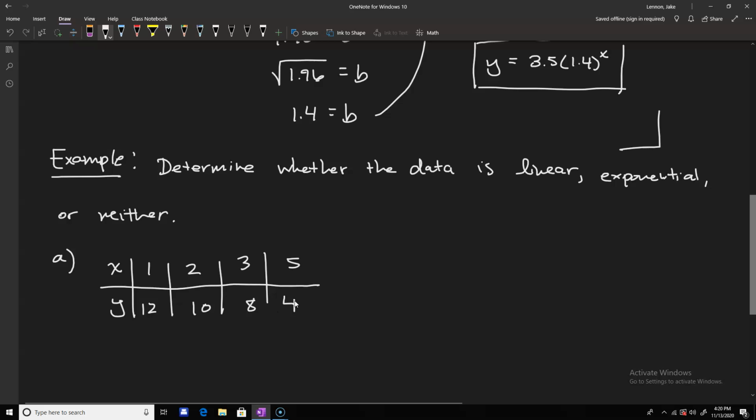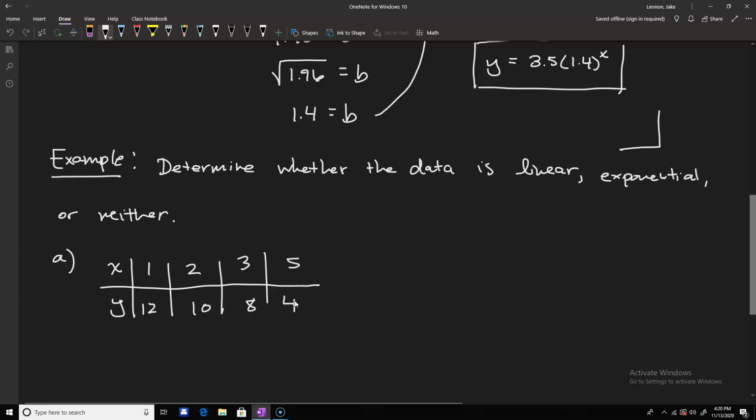So one thing to note is that your x values are increasing by 1 for the first two steps, 1 to 2, 2 to 3, but then it jumps from 3 to 5. So then what is the pattern in the output variable? Well, 12 to 10, 10 to 8, then 8 to 4. So it looks like it's decreasing by 2 for each unit time step. So that's why when we get the jump from 3 to 5, it decreases by 4, because it's going to decrease by 2 twice.